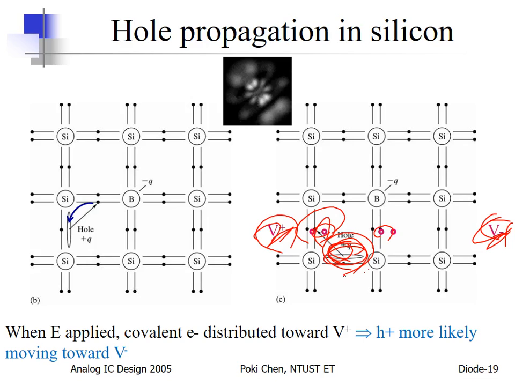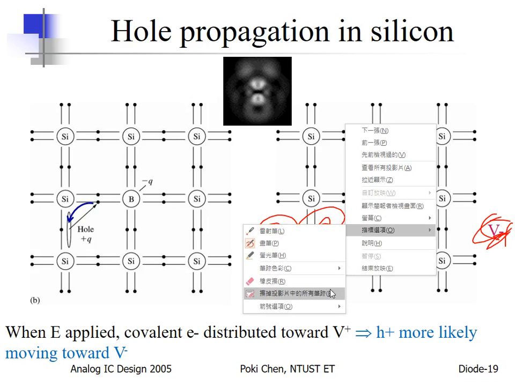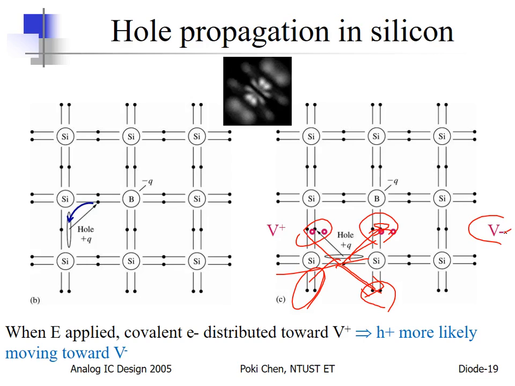See? That's it. If you ask me, how about the top or the bottom? The same. You can see, right? The distance to the top, to the bottom, the same. So the probability, according to positive here, negative there, they will only flow to the negative.